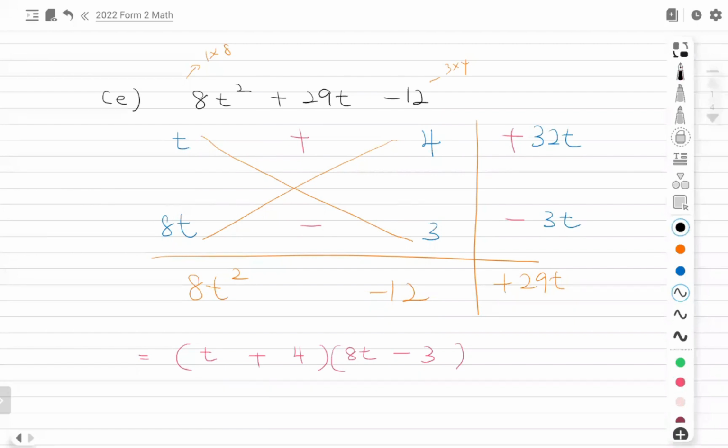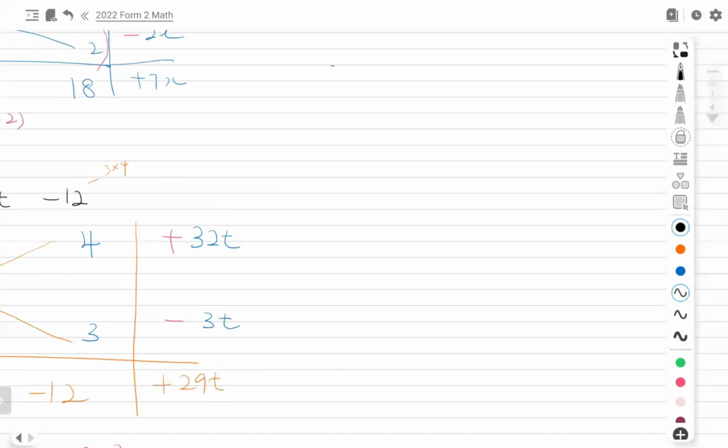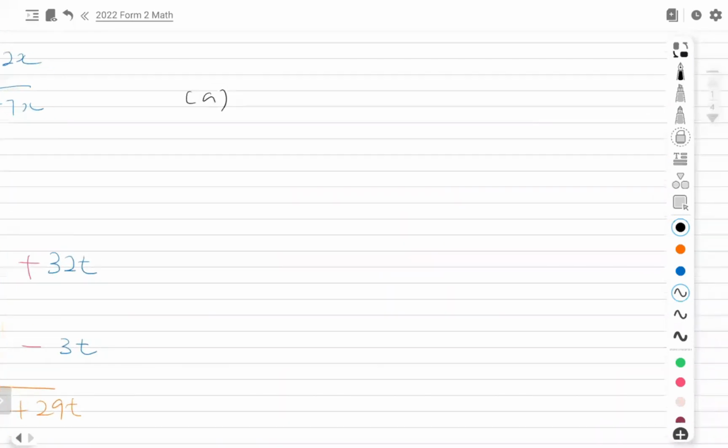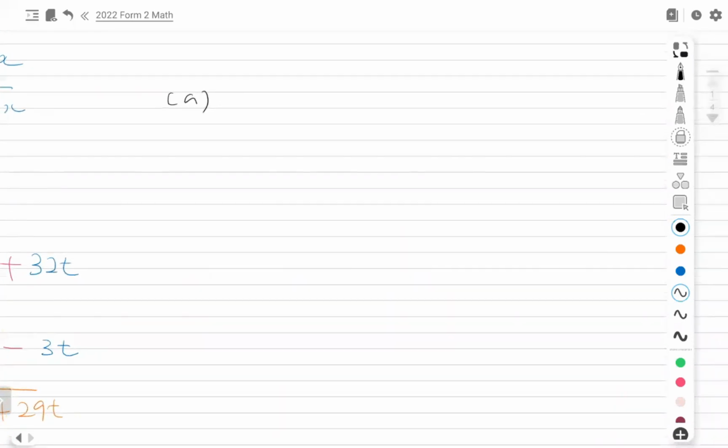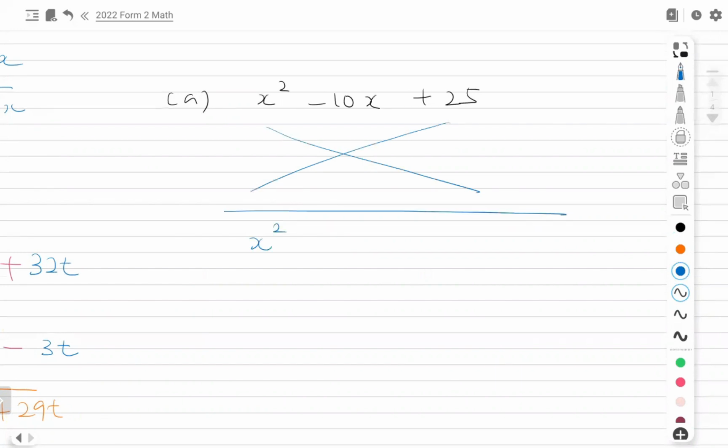Okay, so A, we do together: x squared minus 10x plus 25. Put x squared there, 25, and then negative 10x. This one I think is simple because the factor is only one pair, x times x, and for 25 it should be 5 times 5.